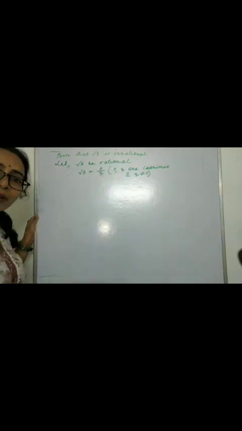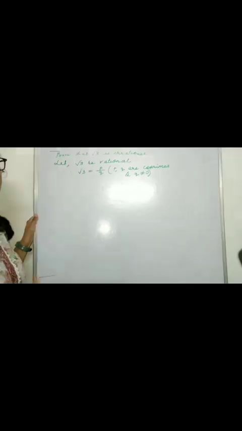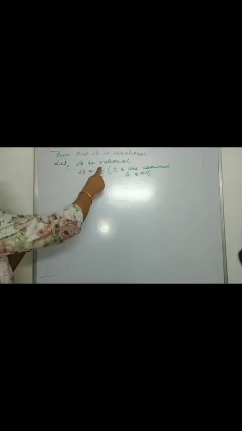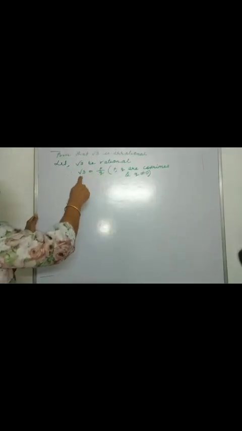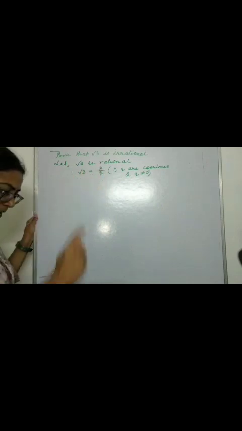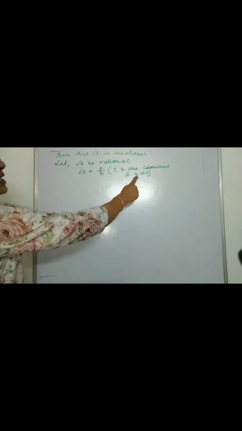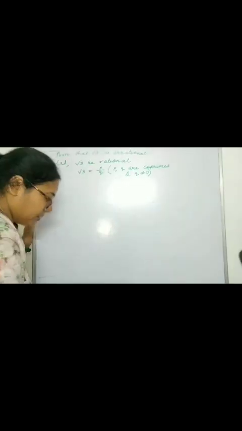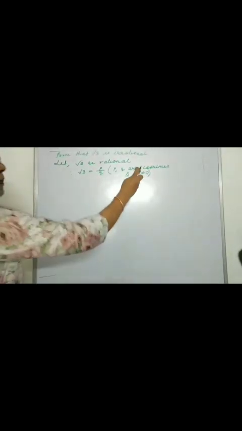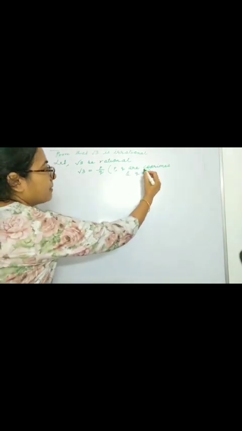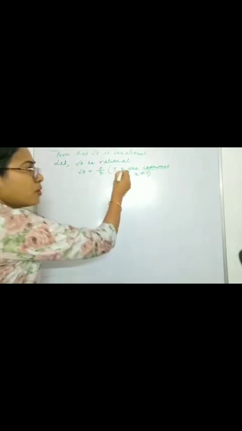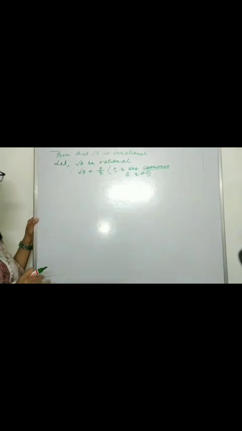All of you know that every rational number can be expressed in p by q form. So we have considered root 3 is equal to p by q, where p and q are co-primes and q is not equal to 0, right? Co-prime means p and q have no common factor other than 1, right?